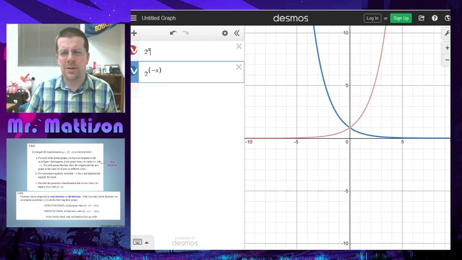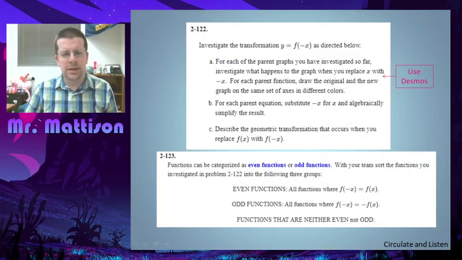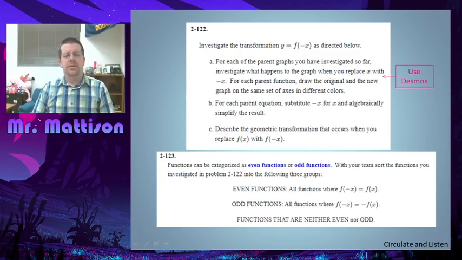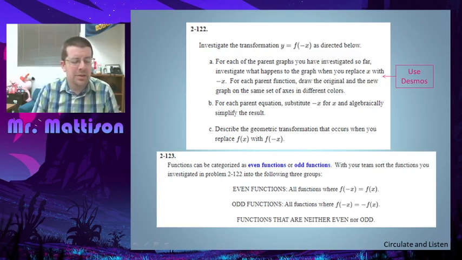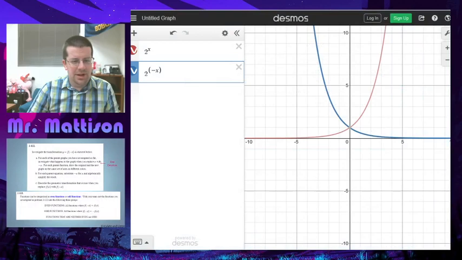Okay, so let's hop back over here. And for part B, for each of these, we're going to substitute in negative x and the next algebraically and simplify the result. So I'm going to do that on Desmos just to kind of make it a little bit prettier, right? So this one stays as is, right?